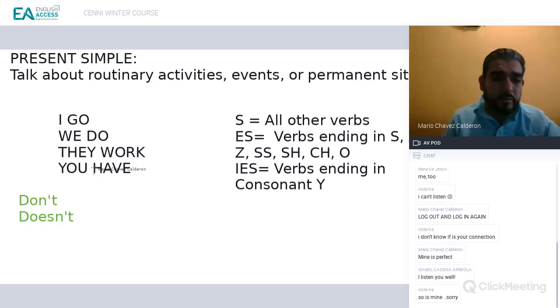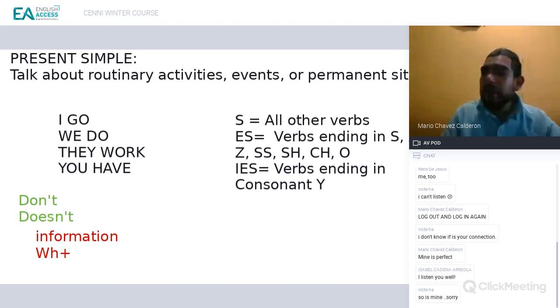Now, when we talk about questions, they follow a specific form. Questions can be information questions, and when they are, they start with a WH question word. Then after that, we use the auxiliary, which can be do or does.